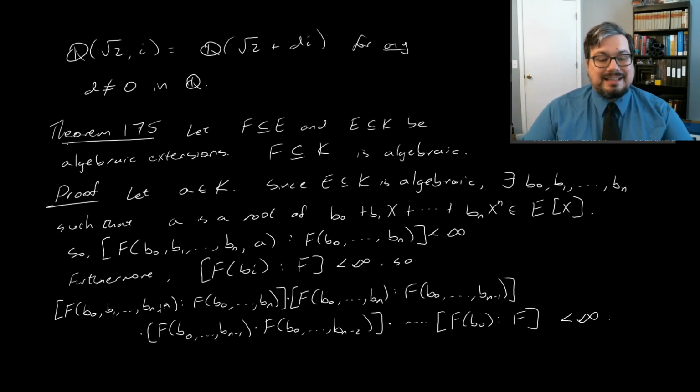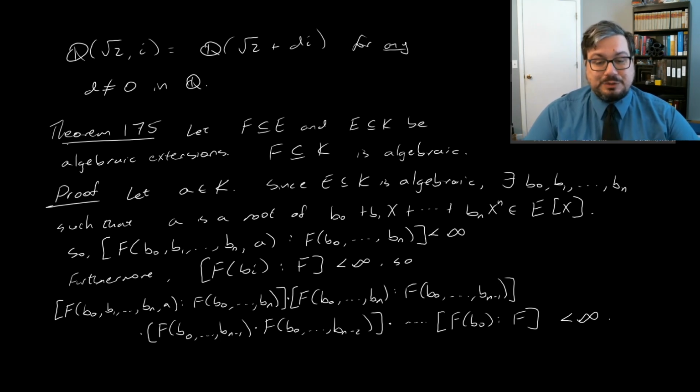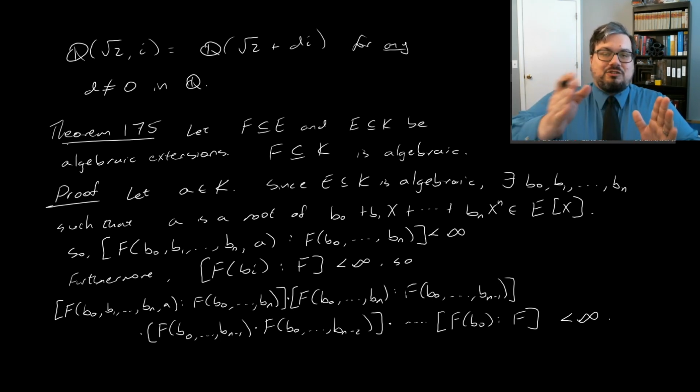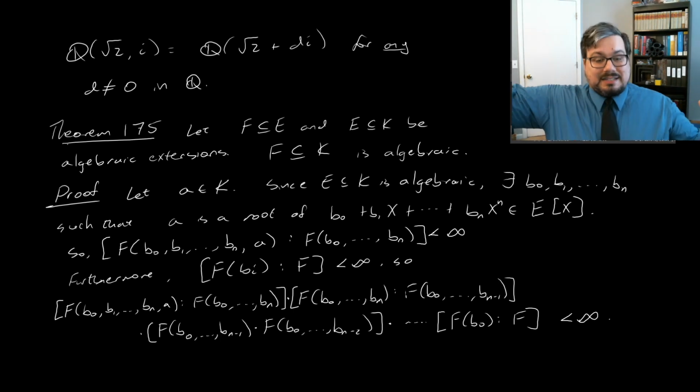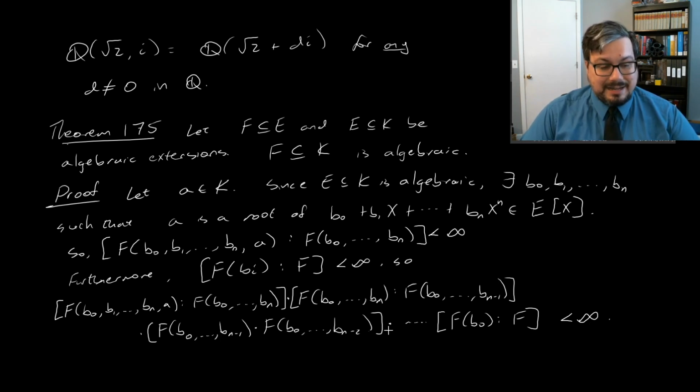So because A is algebraic over E, in fact, and because the polynomial uses just B0 through Bn, a finite number of elements of E, and because adding each of these B's on is only a finite extension from your base field F, combining all those things together gives you a finite field extension.